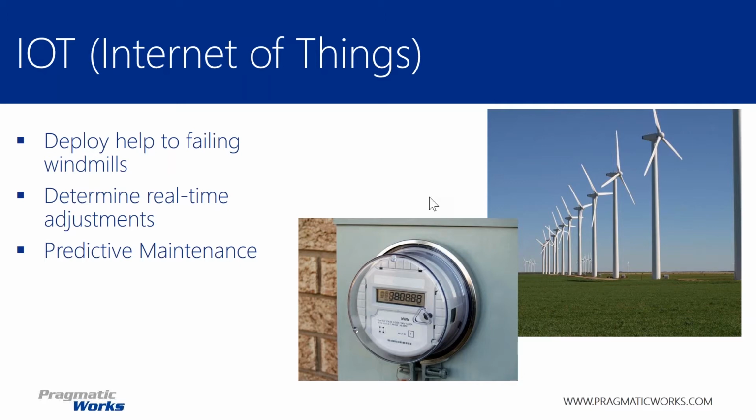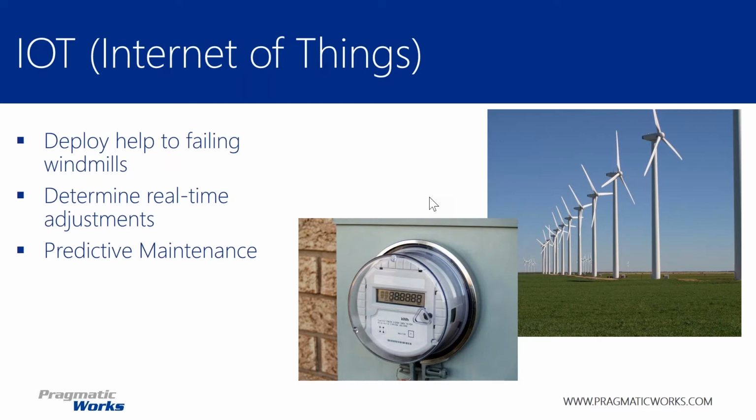They can do things like tell us when we need to deploy help for a failing windmill. So we have a device set up on the windmill that's constantly streaming data, and we can capture those metrics and realize whenever a windmill is about to fail and try to get out there to do maintenance on that windmill before it fails, to keep things up and running.